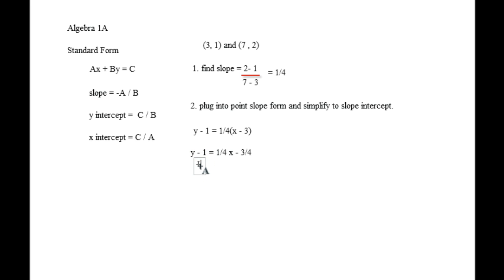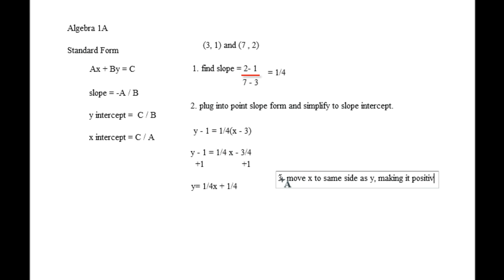And then I'm going to add 1 to both sides, and I should get y equals 1/4 x plus 1/4. Now the next step, step number 3, is move x to the same side as y, making it positive and non-fractiony.